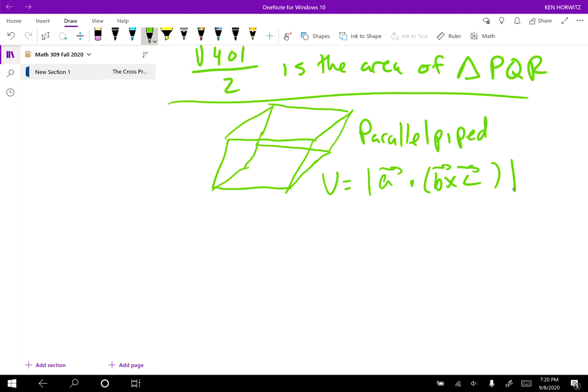So let's take this parallelepiped. Let's do a quick example. This will be our last example of the video.